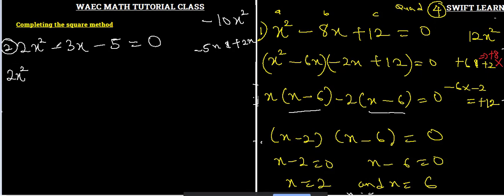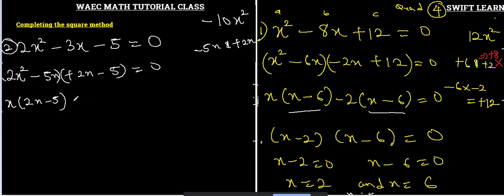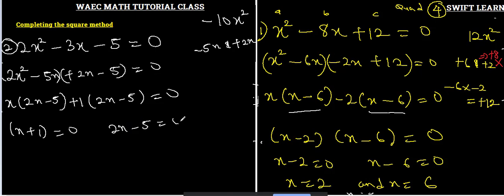You write them: 2x squared minus 5x plus 2x minus 5 equals 0. Once we group them, we have x common because no number can divide them, so I have x brackets 2x minus 5. Here nothing is common, so just put plus 1 out. Then you have 2x minus 5 equals 0. So here we can have x plus 1 equals 0 and 2x minus 5 equals 0.